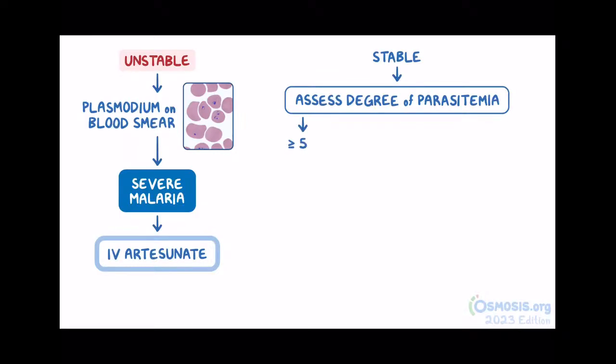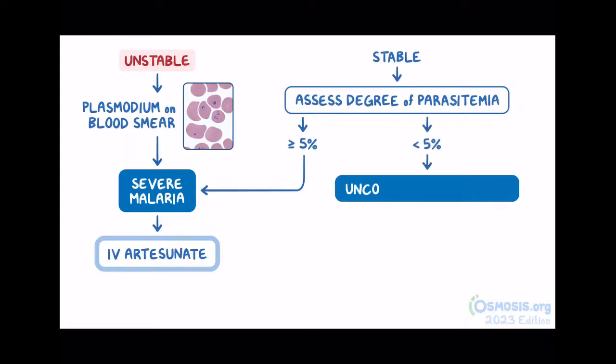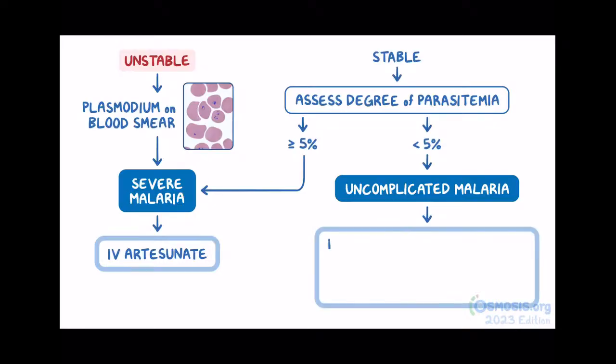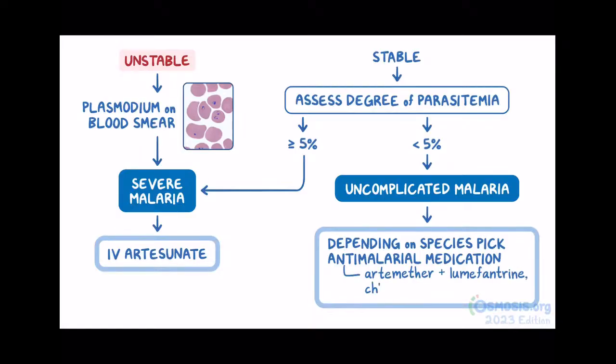Patients with parasitemia of 5% or greater are also considered to have severe malaria and should be treated with IV artesunate. On the other hand, those with parasitemia lower than 5% have uncomplicated malaria. Depending on the causative Plasmodium species identified, pick the appropriate anti-malarial medication, such as artemether and lumefantrine, chloroquine, and primaquine.